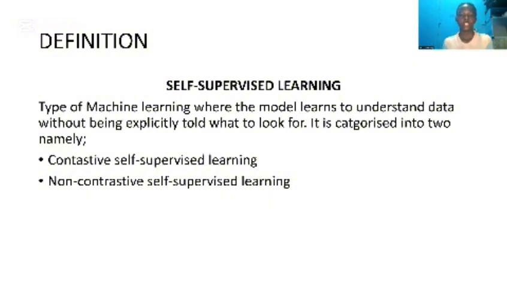It doesn't use labeled data, but it does the labeling itself using the knowledge or the data set that it has. That's why it's called self-supervised. The model does it itself. So self-supervised learning is categorized into two, namely contrastive self-supervised learning and non-contrastive self-supervised learning.